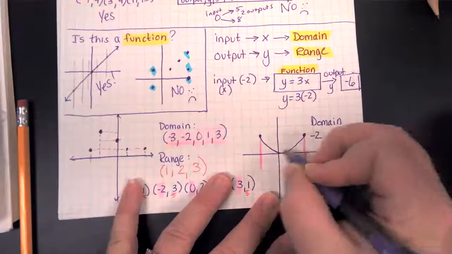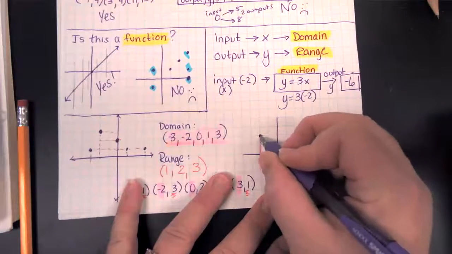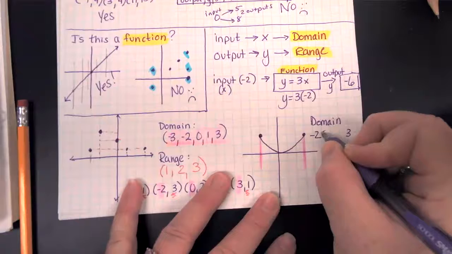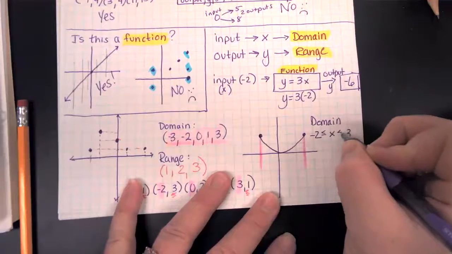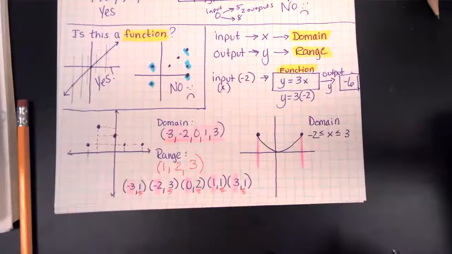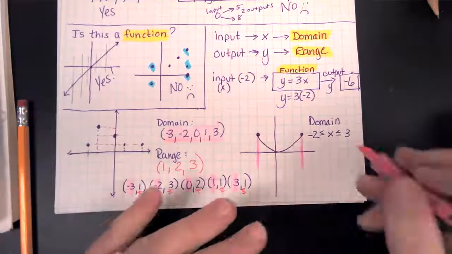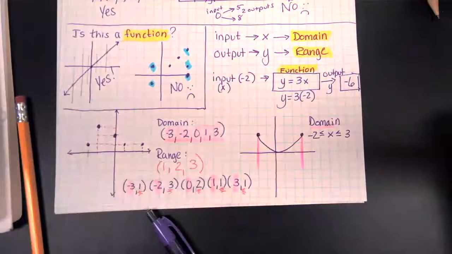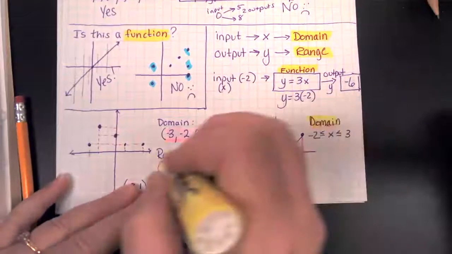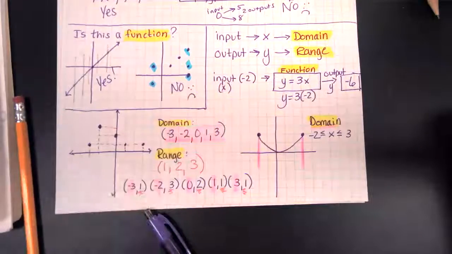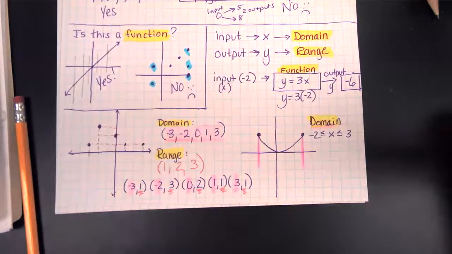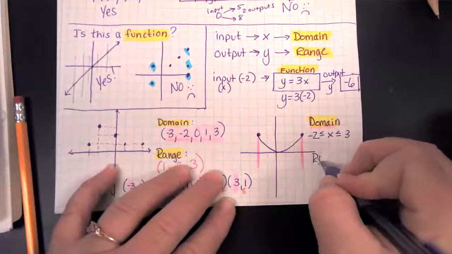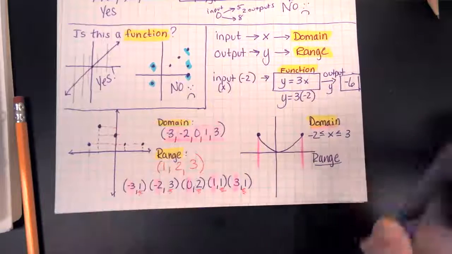Now, how do I write this? I want everything in between, plus I want these endpoints. You're right, so it's actually the inequalities like what we were writing before. Oh my, I forgot to highlight. I just used the words domain and range, didn't I? Oh my. Okay. Now, the second piece, the range, oh, another vocab term.